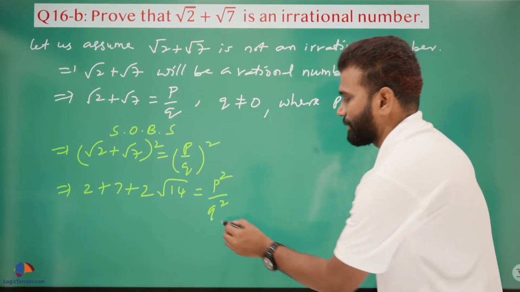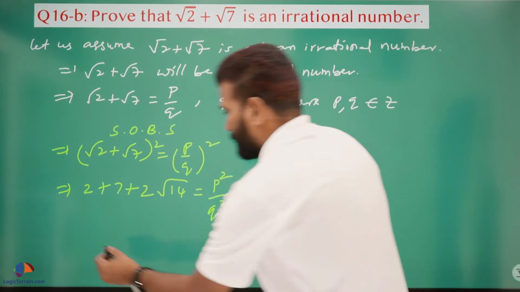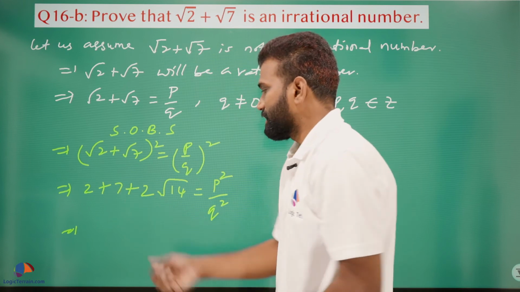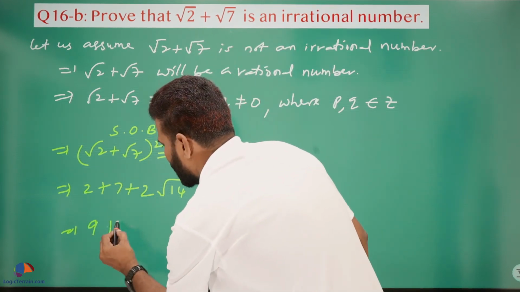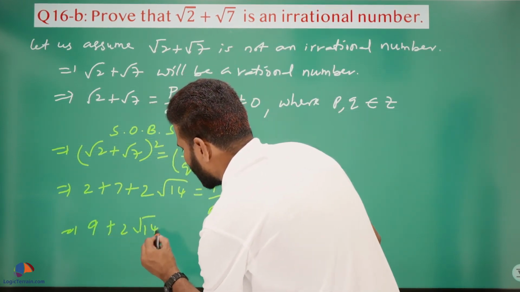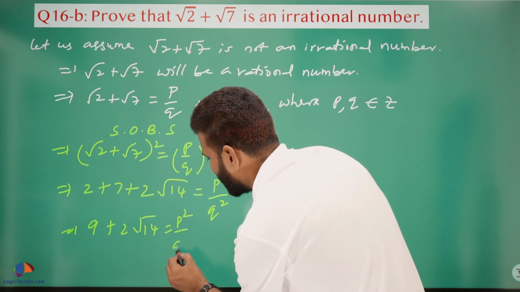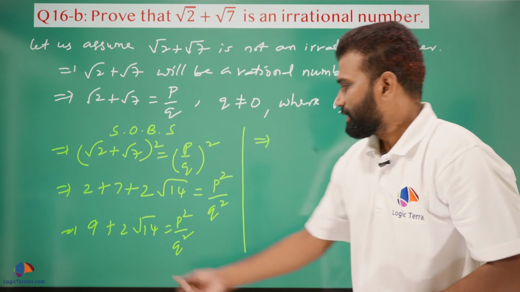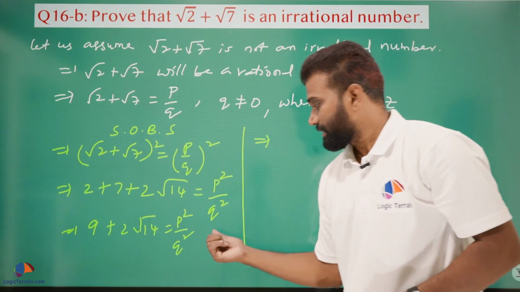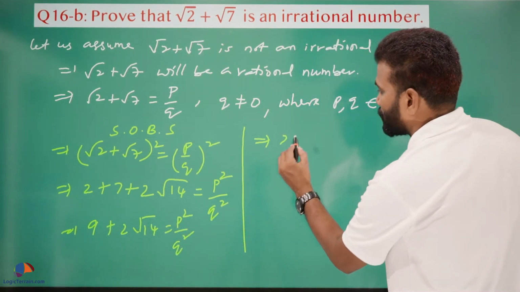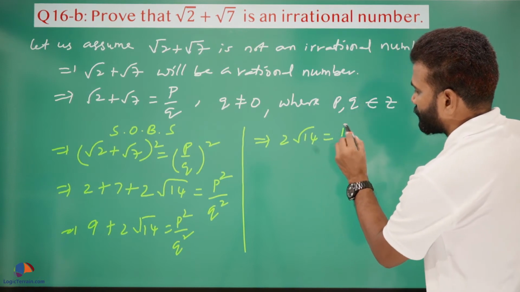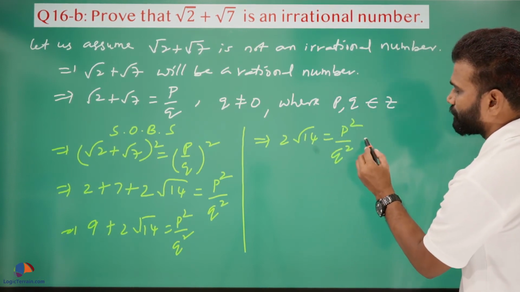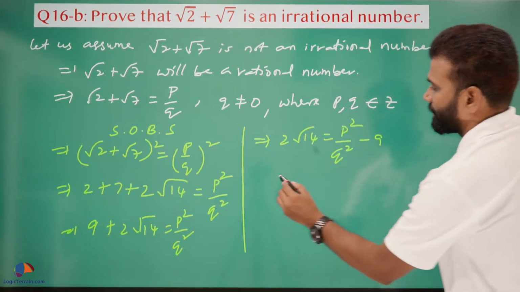Then this becomes square root of 2 into 7, that is 14, is equal to, here both will be squared, p square upon q square, right? Then 2 plus 7 is 9, plus 2 square root 14 is equal to p square upon q square. Further, here 9 is being added, if it goes to the other side it is subtracted, so 2 square root 14 is equal to p square upon q square minus 9.